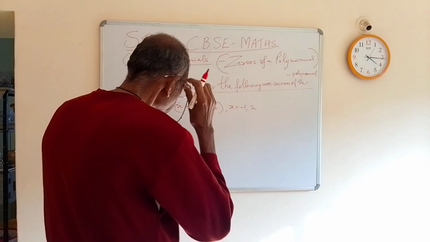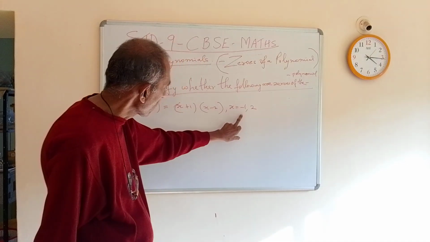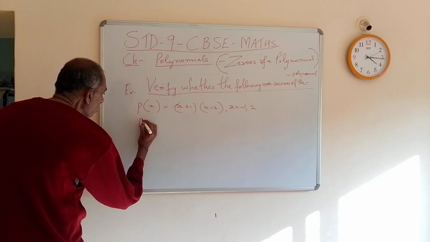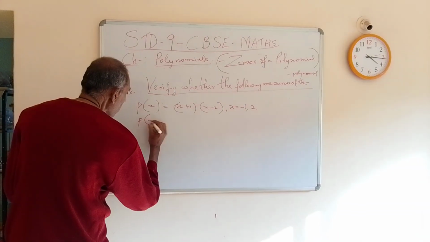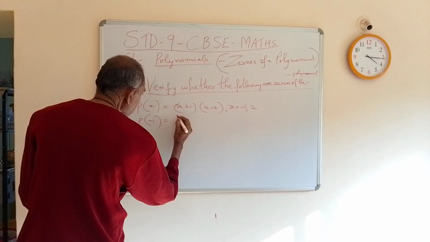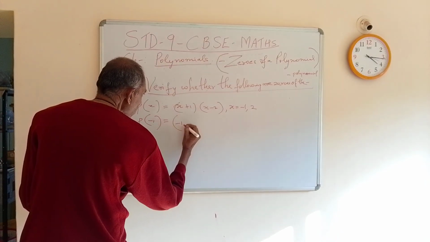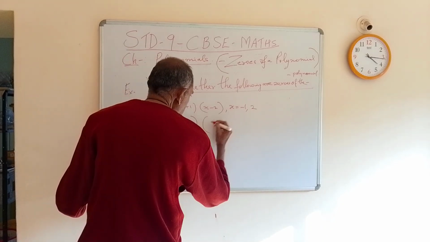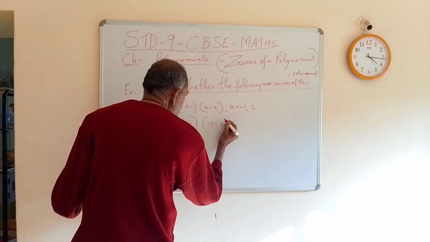So first we will do by taking x to be -1. So therefore p(-1) is equal to, again x is -1, into bracket -1 plus 1, second bracket is again -1 minus 2.